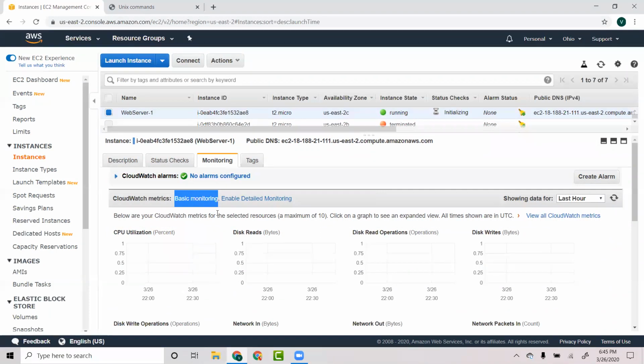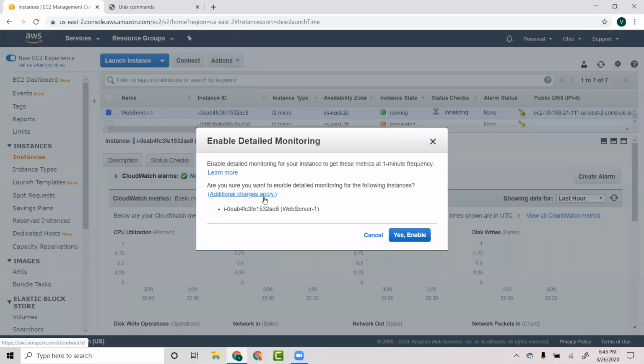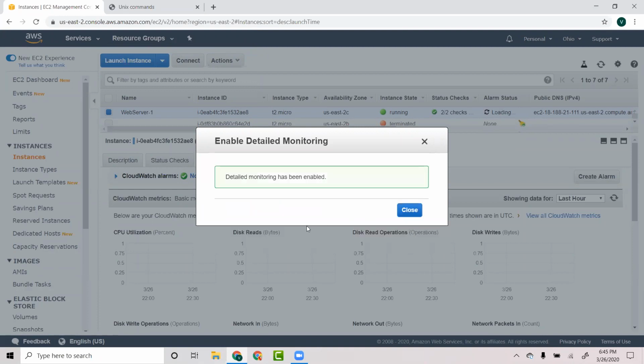But I highly recommend, just for this demo, and your free tier does not support detailed monitoring, so I am enabling the detailed monitoring. When you enable detailed monitoring, your frequency will change to 1 minute. So it starts pulling this data every 1 minute, not every 5 minutes anymore. Yes, enable it. Okay. But I want you to understand this is not free.